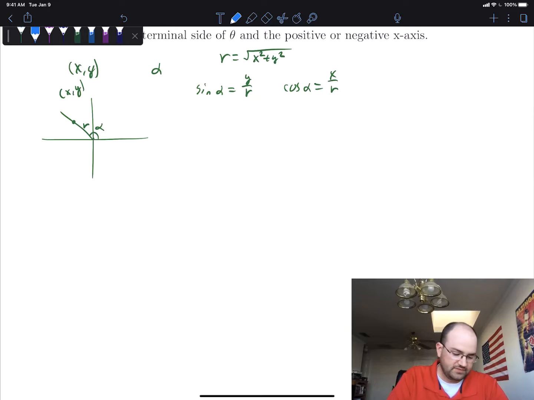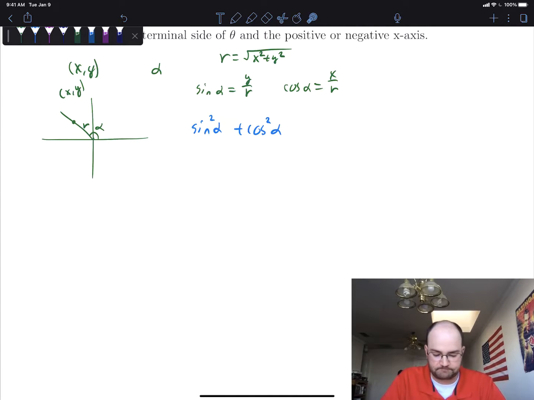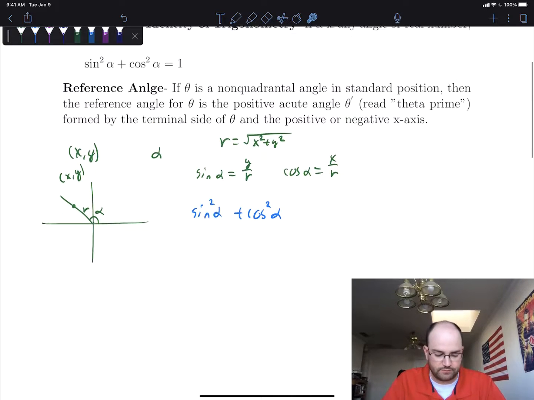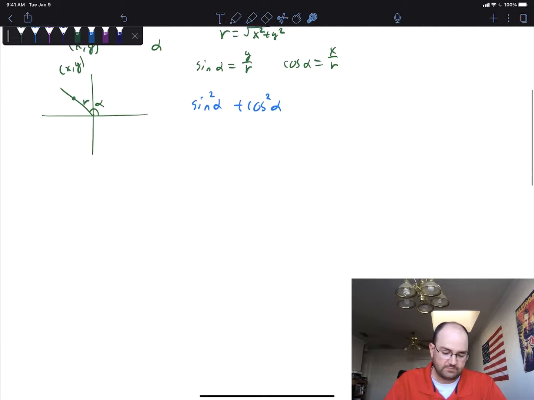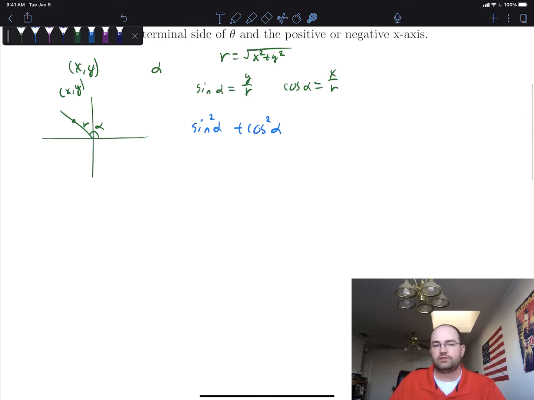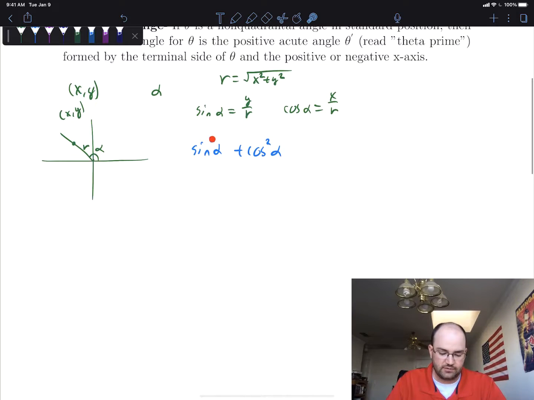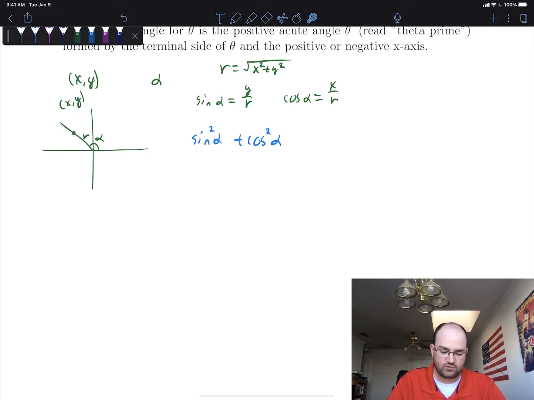Now notice something. I'm going to start out with sine squared alpha plus cosine squared alpha, and we want to prove this identity. What we mean by proving an identity is begin with one side of the identity and make it look like the other. The square here means that the entire sine alpha is being squared.